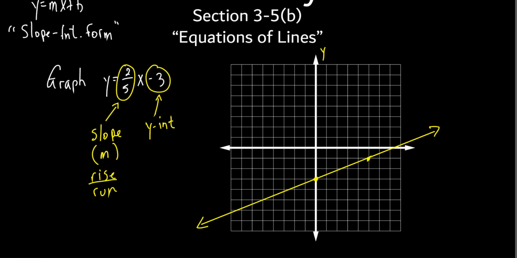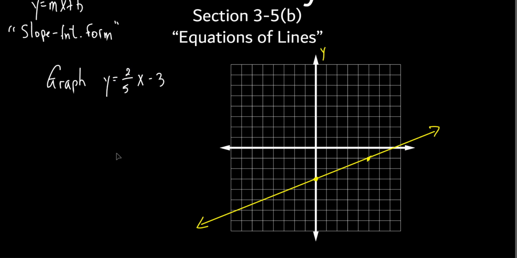Simple. I'm not just saying simple because I'm the math teacher and I know how to do this. Do you agree that that's pretty simple to do? Let's do one more just for fun, and then we'll get to some newer stuff. And let's get rid of this.